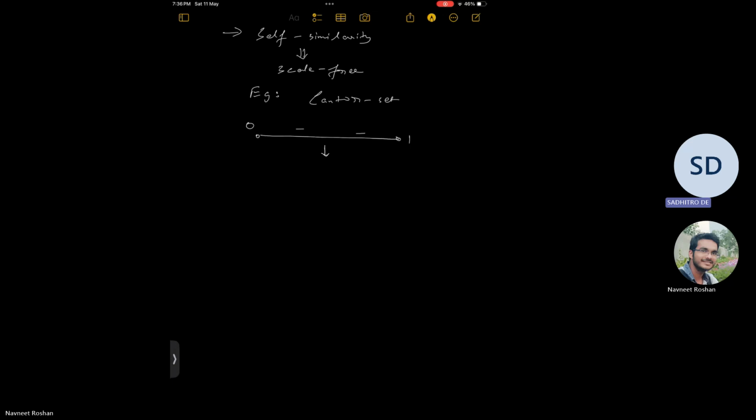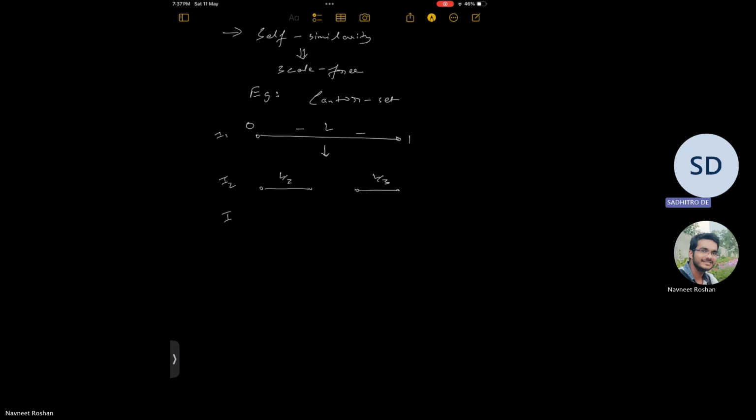So remove the line from this portion to this portion, and you get objects like this. You see? So if the length of this segment was L, this is L by 3, and this is L by 3. So this one was iteration 1, you call this iteration 2.